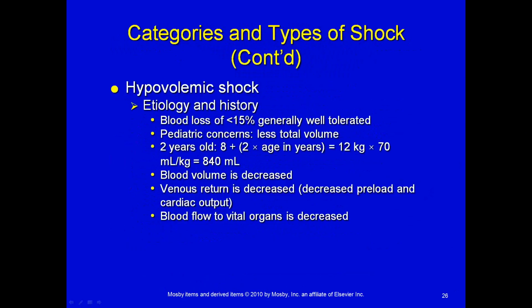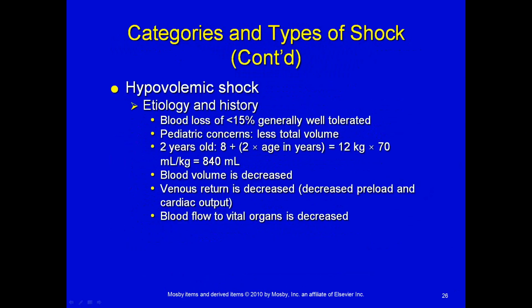Now, blood loss of less than 15% is generally well tolerated, but remember with kids, they have a lot less volume than we do, so they can't afford to lose 15% of their blood volume.